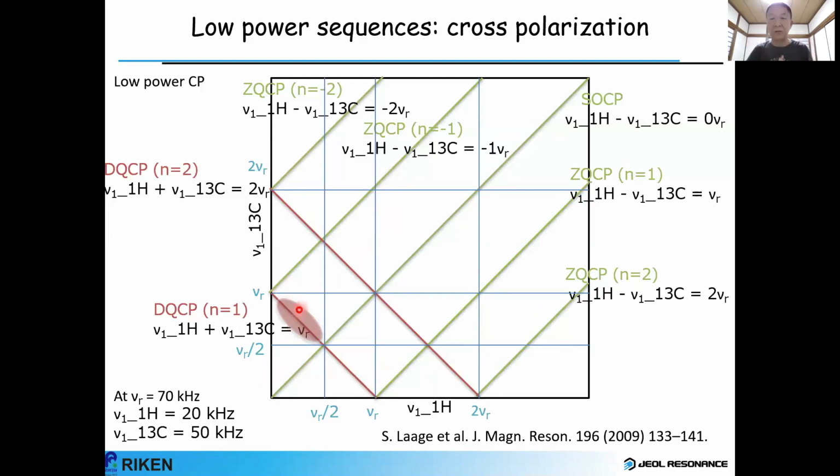So that depends on the nuclei and on the chemical shift range of your sample. But anyway, as you can see, if we use this condition, we can reduce the RF field strength compared to zero quantum cross polarization, and we can enjoy low power cross polarization. So that is another advantage of fast MAS experiments.